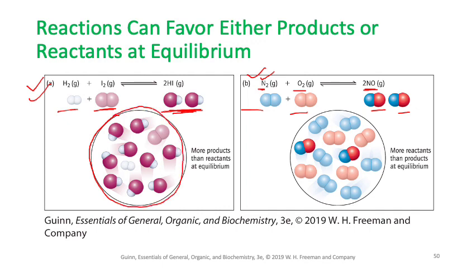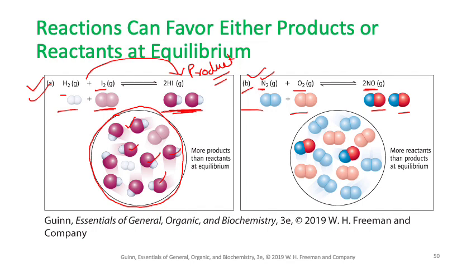After the reaction has reached equilibrium, what you're seeing over here is that you have more product compared to the reactant, even though the reaction is in equilibrium. That means this reaction, H2 plus I2, is favoring more product compared to the reactant. That's why you have more product at equilibrium compared to the reactant.